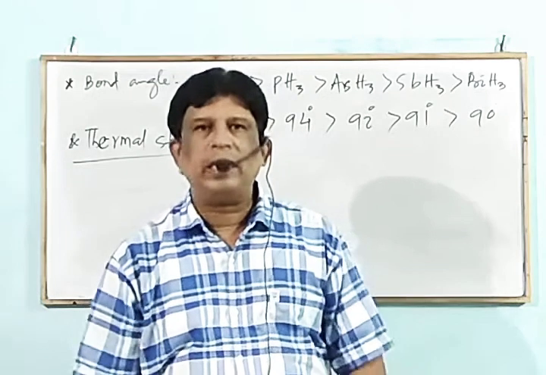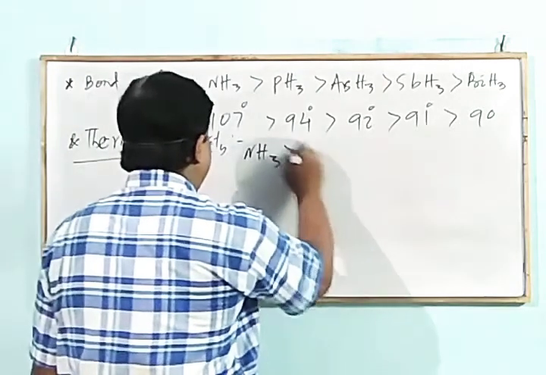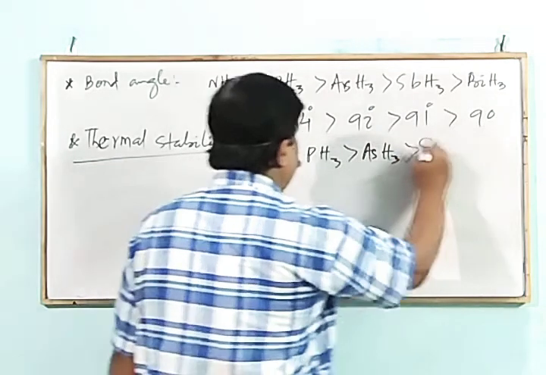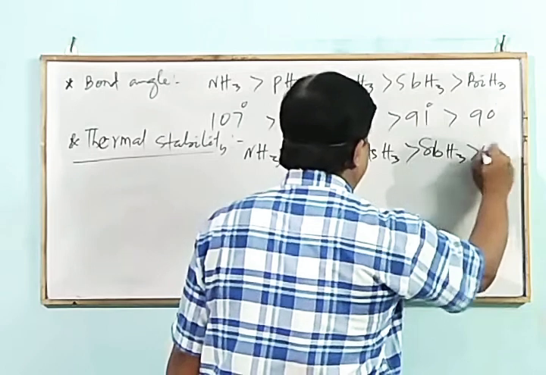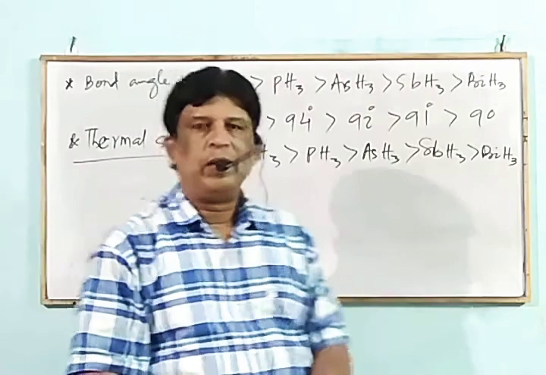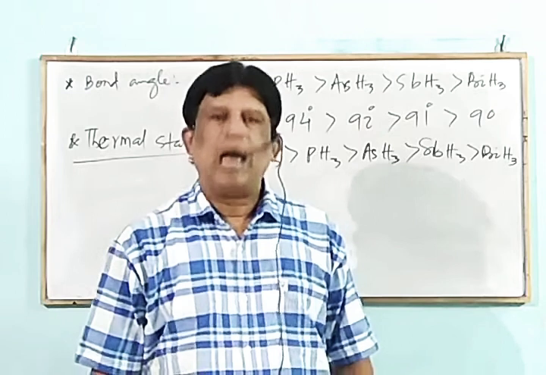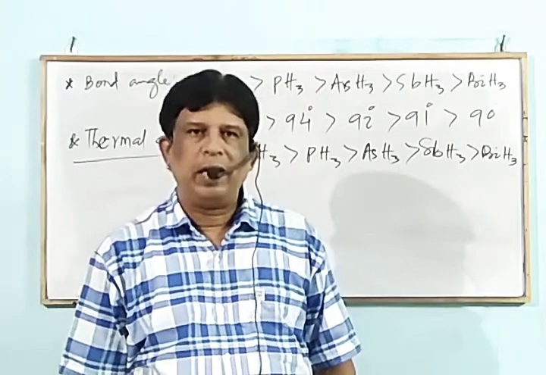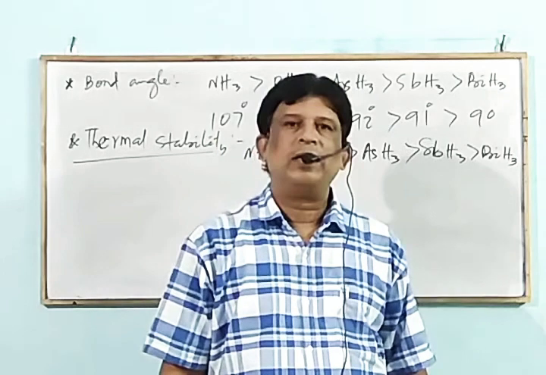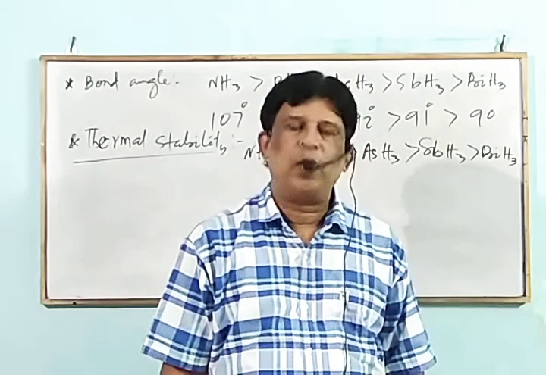And this stability gradually decreases as NH3 greater than PH3, AsH3, SbH3, BiH3. So these are some characteristics and properties of the hydrides of group 15 elements. Next one is affinity towards oxygen, that means formation of oxide.